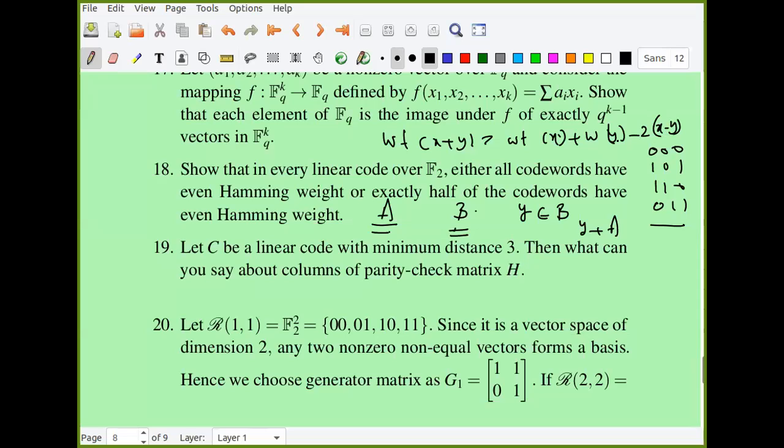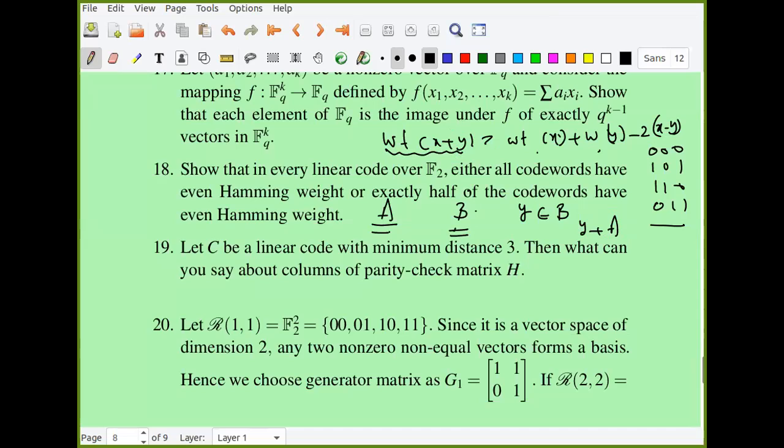So if both vectors are even or both are odd, the sum is even. If one is even and the other is odd, then the weight of x plus y becomes odd. So all vectors in A are even and y is odd weight. If I add them, then all vectors in y plus A are odd.